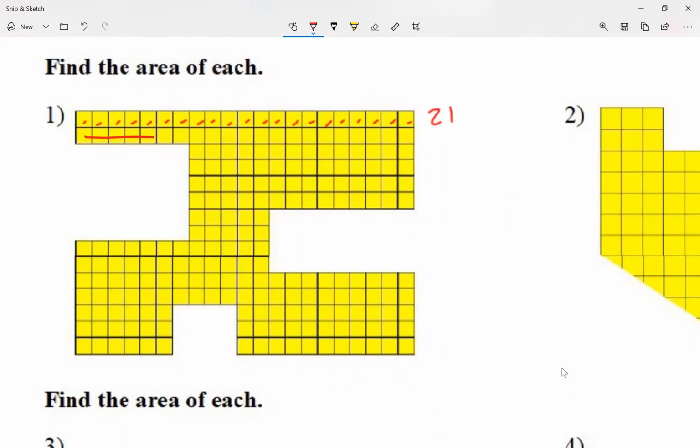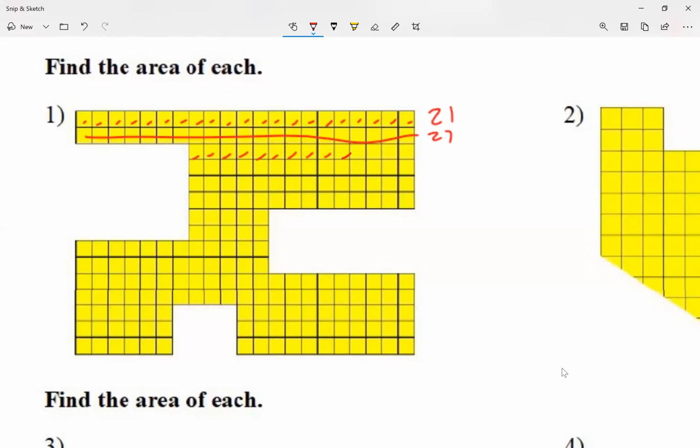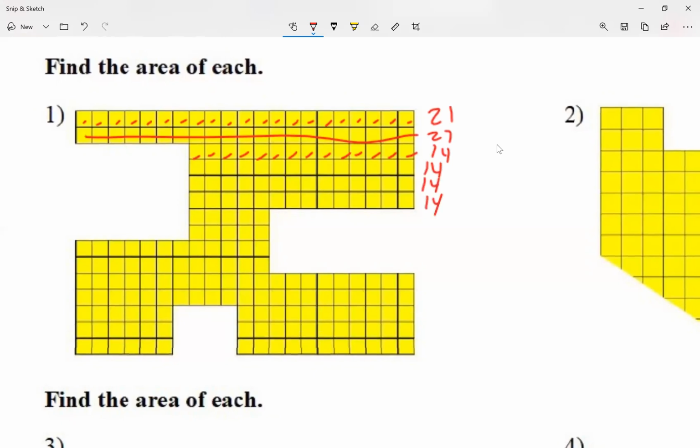Let's just say I have another 21 there. Now here at the bottom I have 1 through 14, plus another 14, plus another 14, plus another 14. I'm not going to count those there.